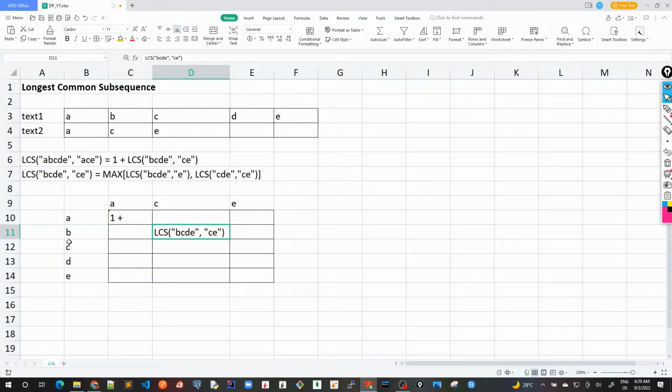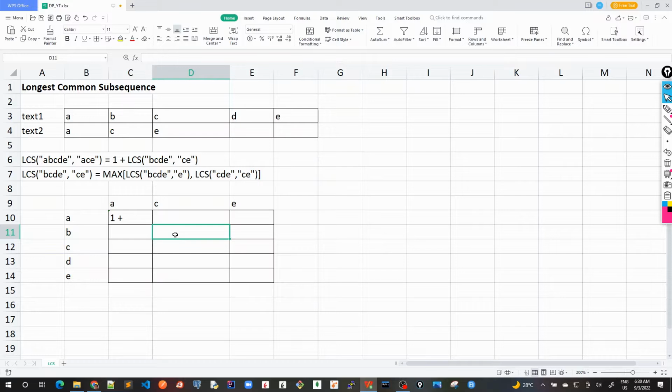And now suppose we have moved here to B, C, D, E and CE. Because B and C are not matching, it means that it would be the max of B, C, D, E and E, which is this cell, or the LCS of C, D, E and CE, which is this cell.